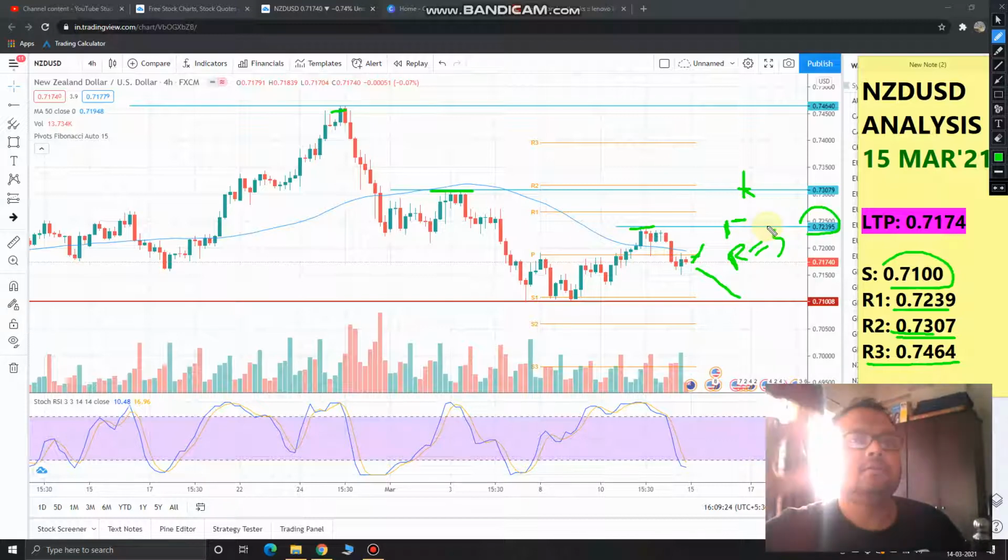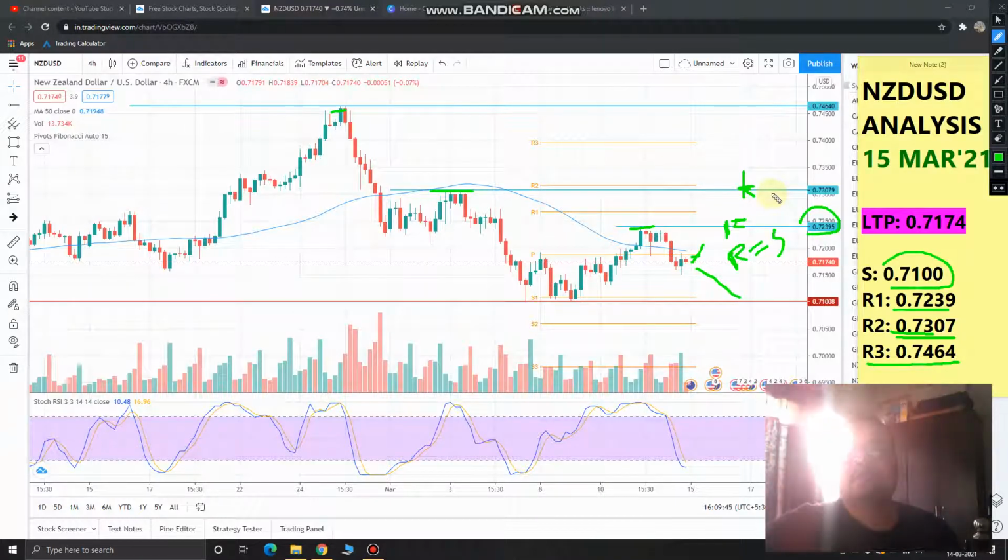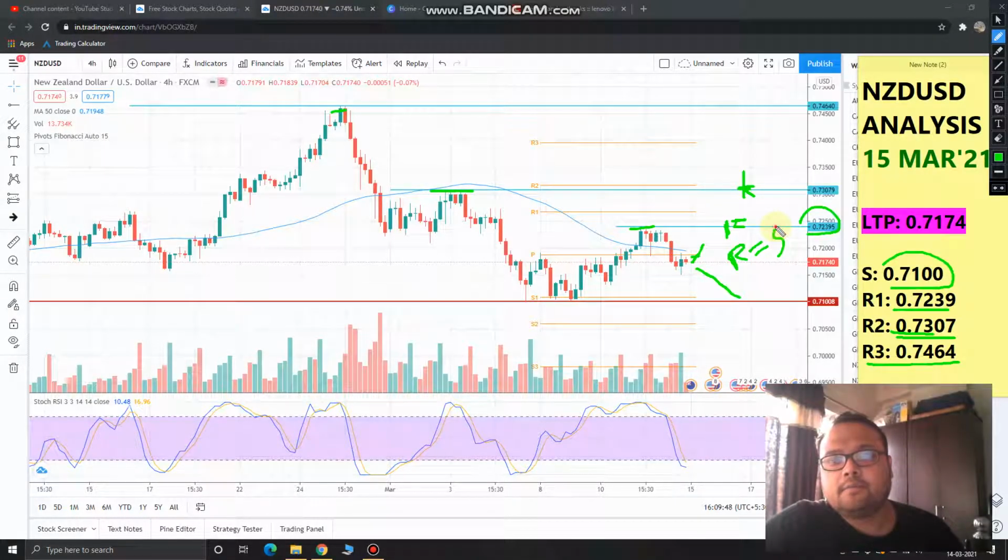If it crosses the level, try to understand the market psychology. If it is well and good, then buy above R1. Your target will be this. And if you see some good price rejection from above at resistance 2, the 7307 level, you can short the market. Then this will be your target.